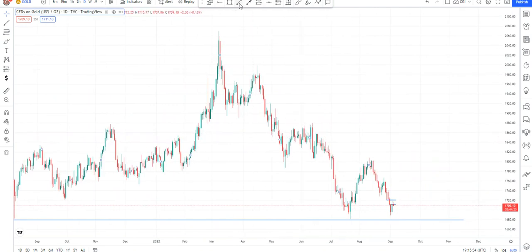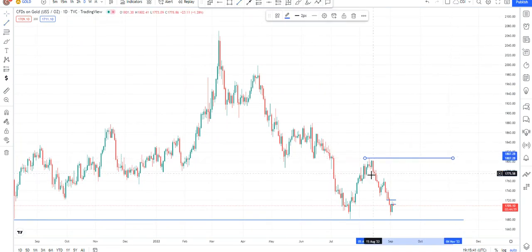You can also mark this place as a recent high, but this place is not important. It's not really important to mark this place. Can somebody tell me why it's not important to mark this place as a recent high?